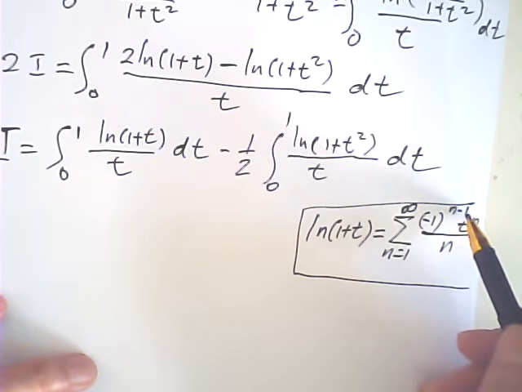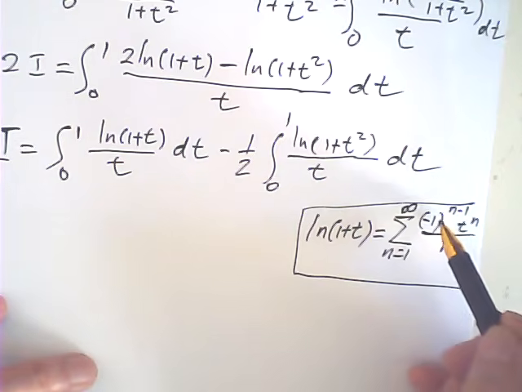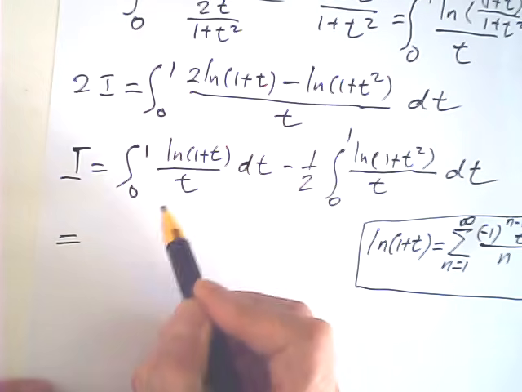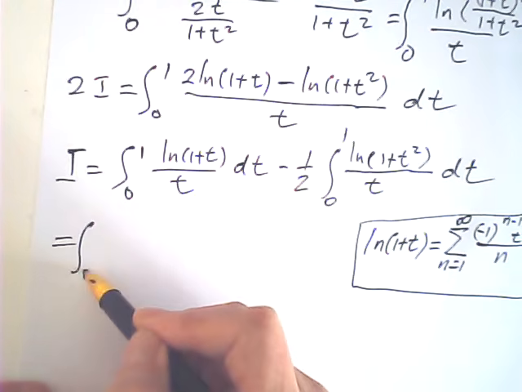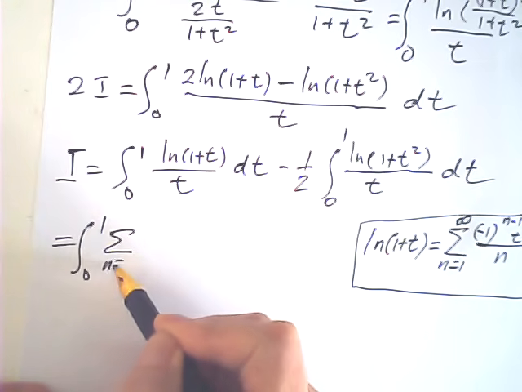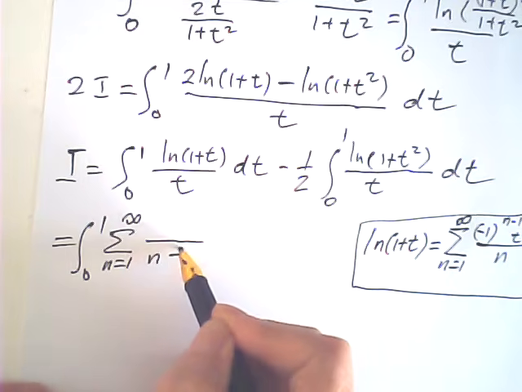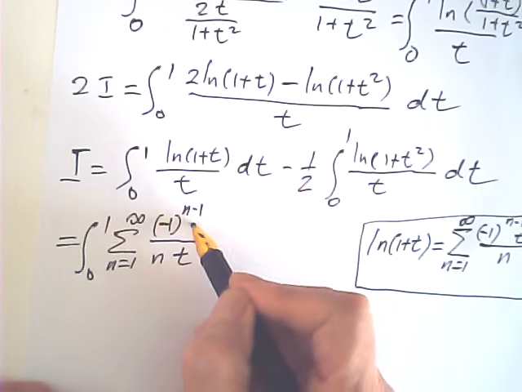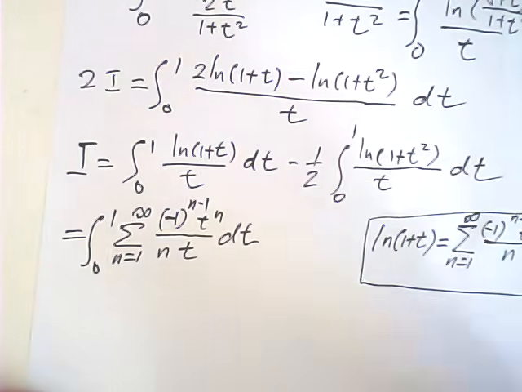If you don't put this negative 1 here, and you put a negative outside, so negative of negative 1 to the n, or negative 1 to the n minus 1, see, that is the same thing. All right, so this one is equal to, now the integral and the summation, n equals 1 to infinity, of t, negative 1 to the n minus 1, t to the n over n, and dt. That's this one.